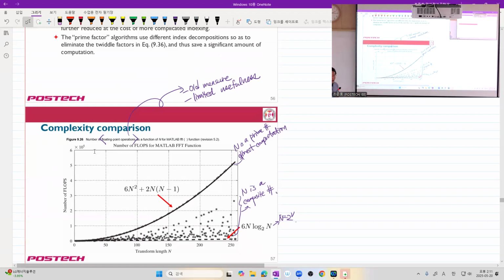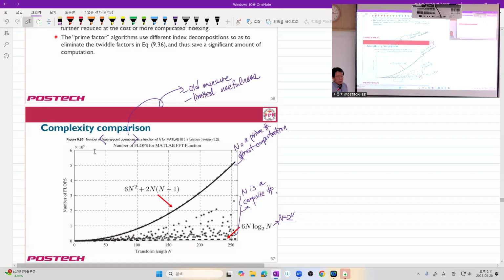By the way, this metric, flops, is not much used compared to the time when the textbook was written. But when I was an undergraduate student and even a graduate student, research papers showed the number of flops as a function of some parameter, in this case the number of points in the FFT.